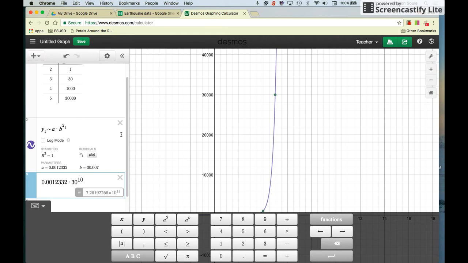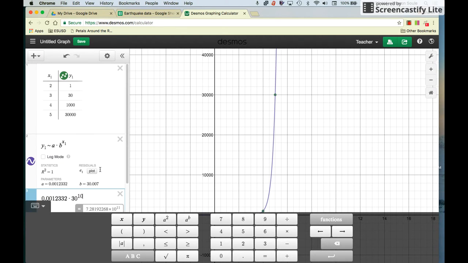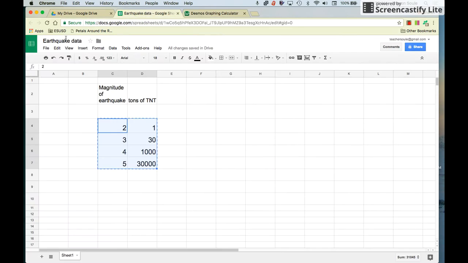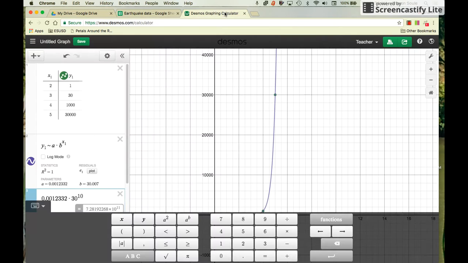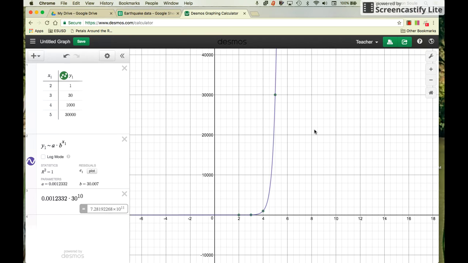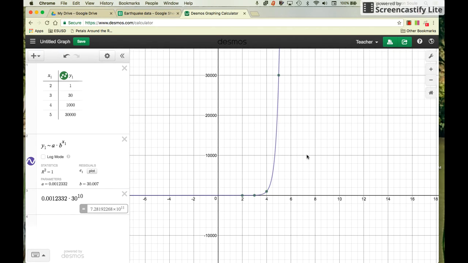So to recap, what we did was we typed our data into a spreadsheet, and then we copied that data from the spreadsheet and simply pasted it into an equation on Desmos, and it automatically gave us a table, it graphed the points, and it created a window for us where we could see those points in a really nice fashion.